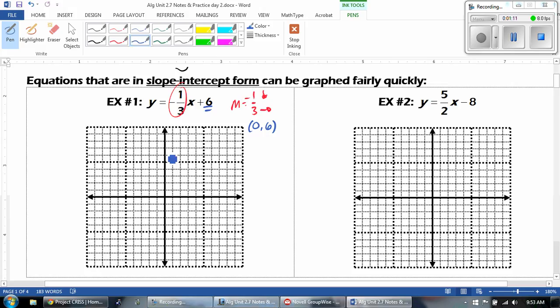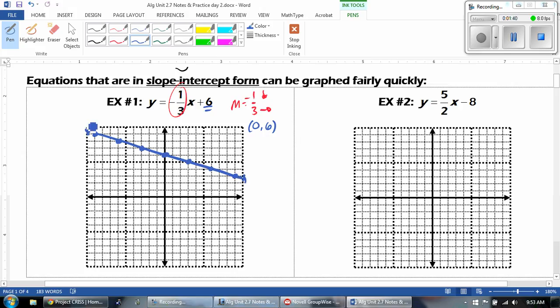So at (0, 6) I start, and then I follow the slope down 1 over 3, down 1 over 3, down 1 over 3, and I do that in both directions. Now that I've got that, I'm going to take my trusty straight edge and draw my line.